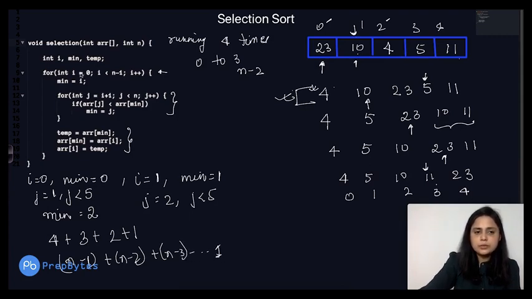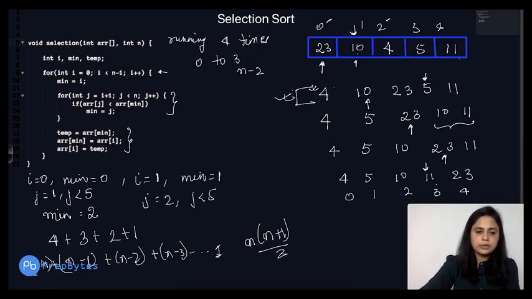And how many times will the outer loop run? This loop will also run approximately n minus 1 times. So this, if you see, is almost equivalent to the sum of n natural numbers. This is not exact, but it is very close.